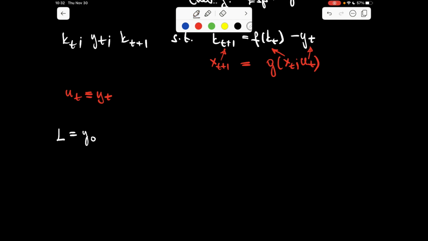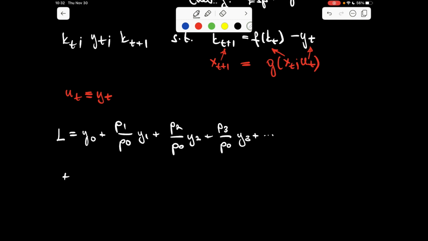So, okay, let's try to expand the Lagrangian formulation of the problem on the basis of Tom Sargent's formulation.